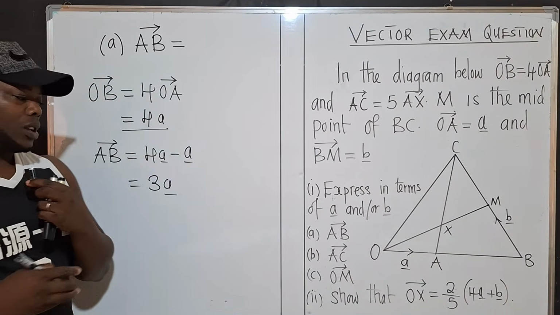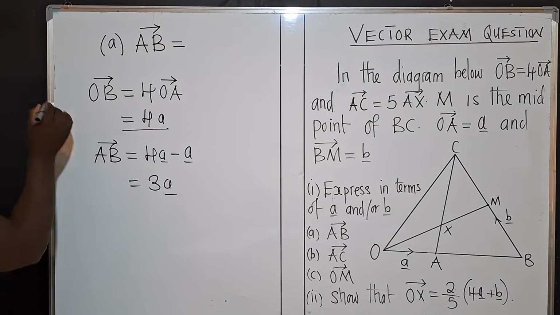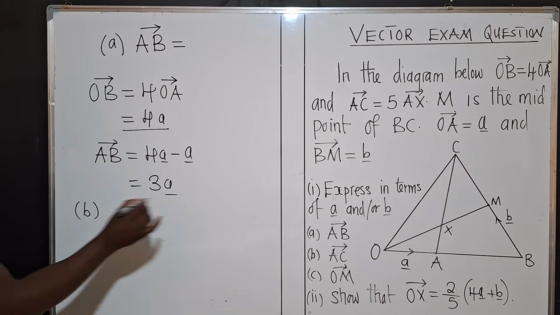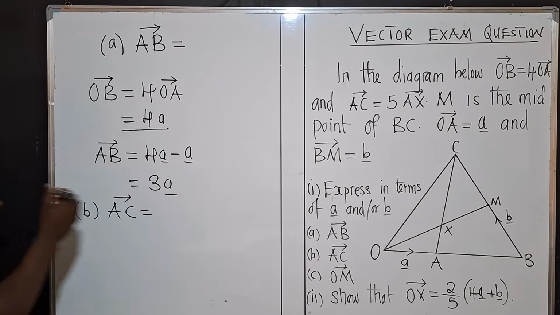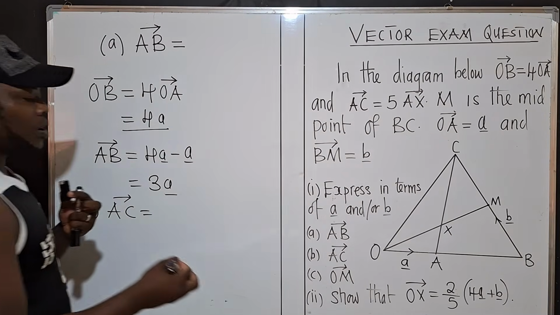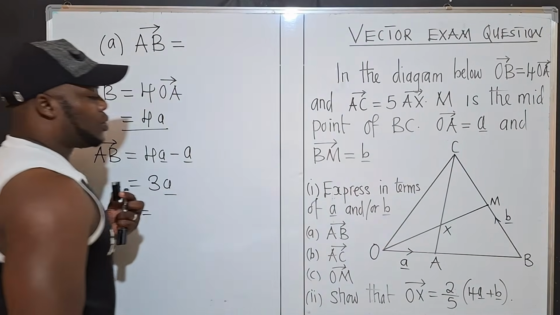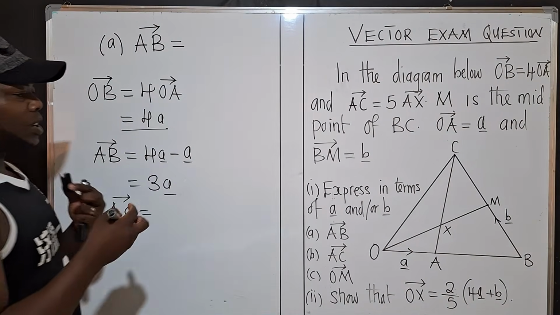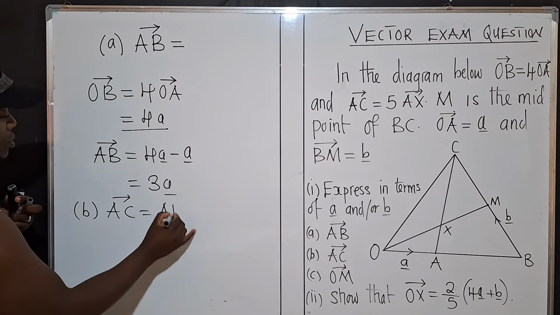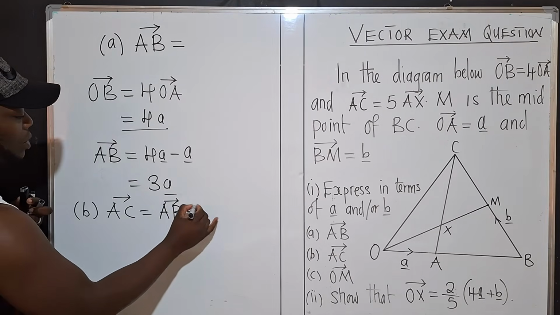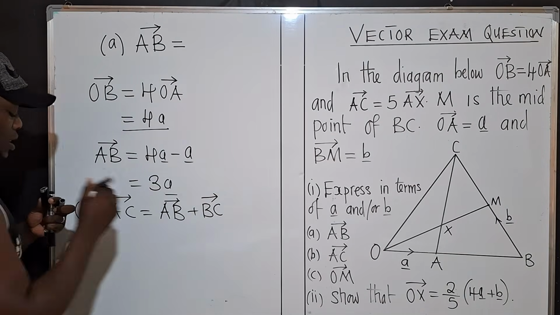That's it. Let's check out question B. They want us to find vector AC. For vector AC, we can say this is equal to AB plus BC.